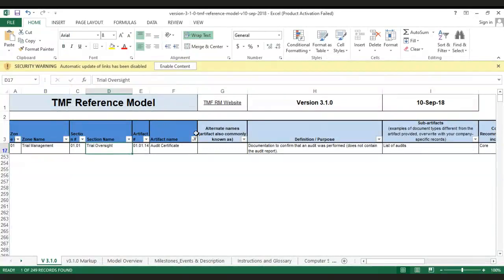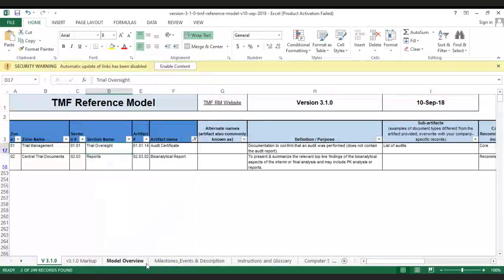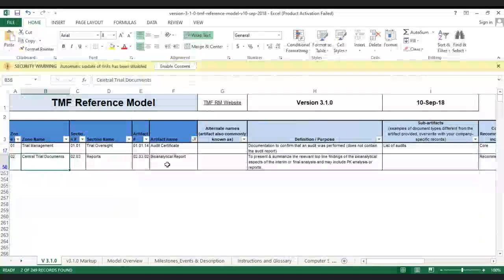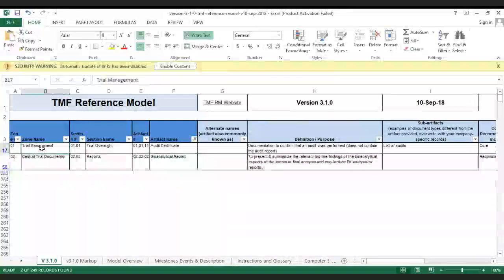If I give one more example for you, something called bioanalytical report, suppose. See here, bioanalytical report comes under the central trial documents, right? That is zone number 2. So that is the identification of this document. But for audit certificates, the identification of the document is trial management.